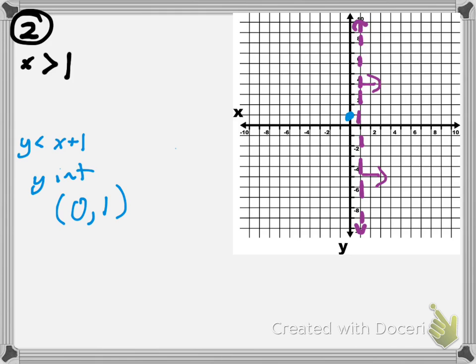And I need to move with my slope. There's not a number in front of x, so what number is understood to be there? 1. So that means I rise up 1 over 1 each time. Is it going to be a solid or dashed line? Dash.